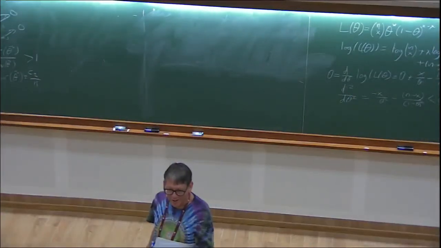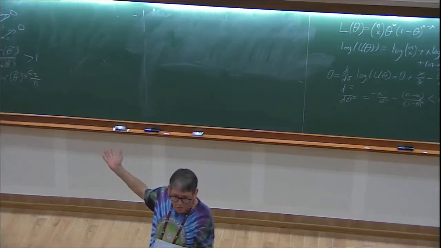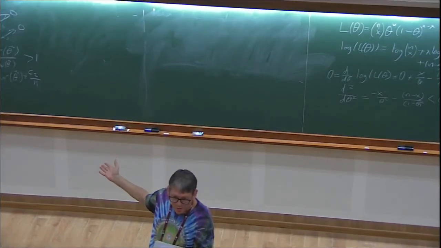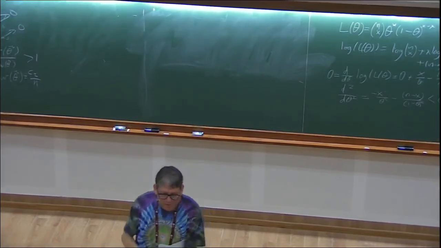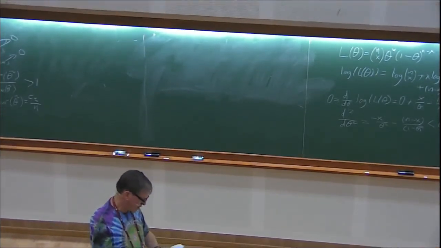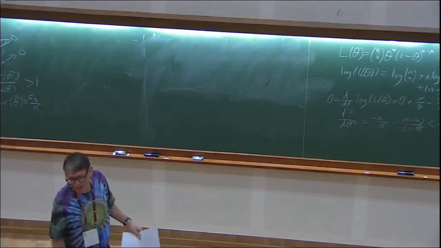I'm basically stating a fairly obvious point: all I'm really saying here is, suppose you have to choose between two estimators that are both unbiased. Obviously, you want to pick the one with the smaller variance, right? I haven't told you how to pick or anything else yet.